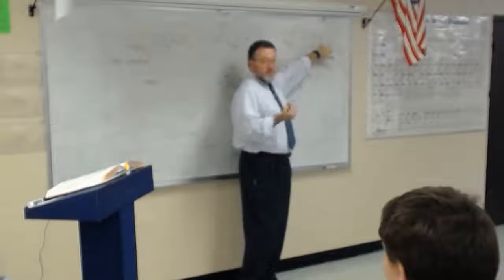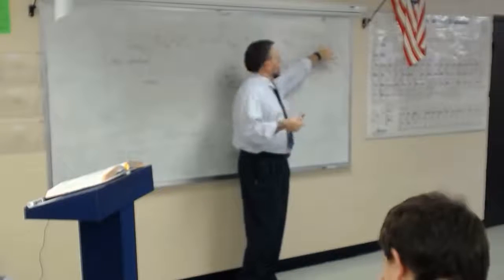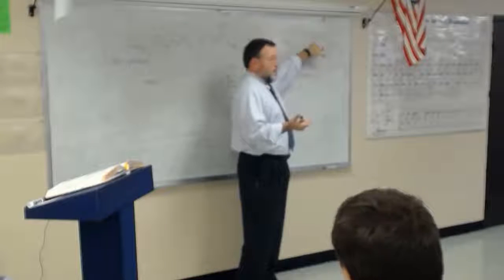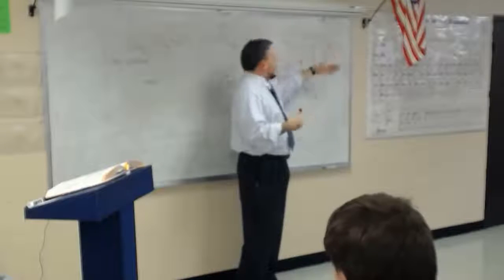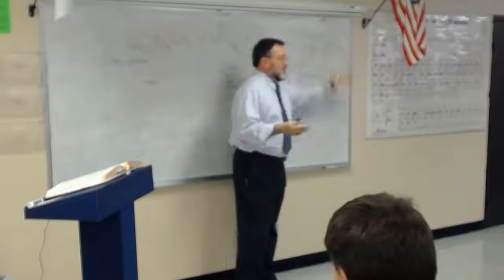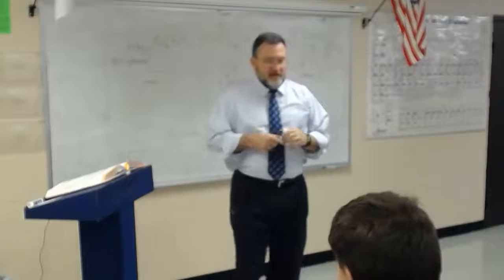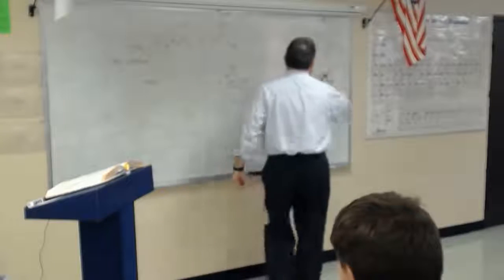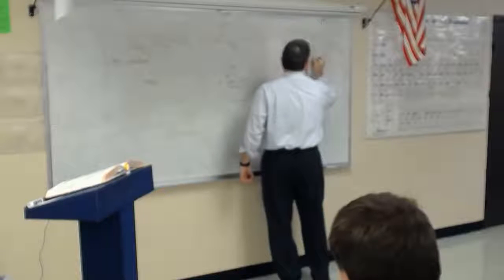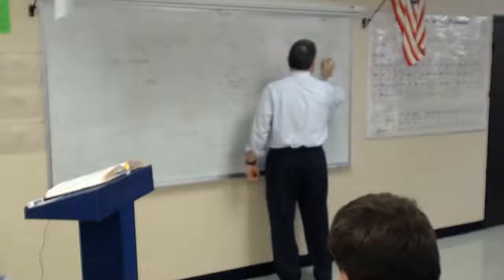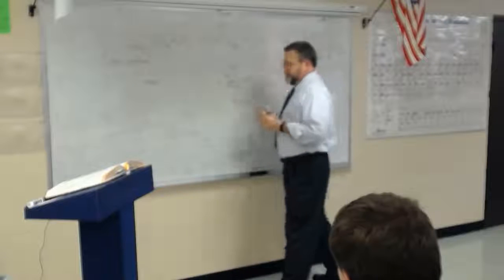Oxygen is 16 AMUs per atom. Hydrogen is 1.01. So for our purpose here, we can just say that this is 18.02, so it's basically 18. 18, we're going to use the units grams per mole.